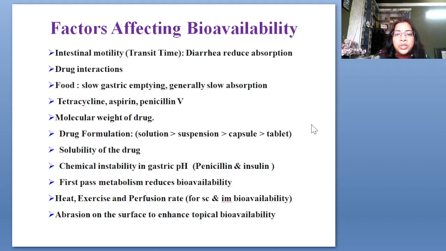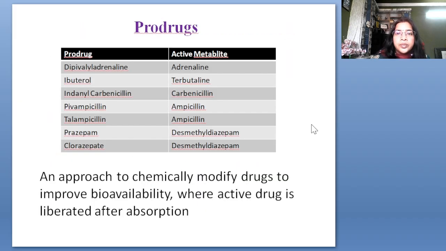Then solubility of the drug, and chemical instability of the drug in gastric pH. For example, penicillin and insulin are unstable in the gastric or acidic pH. Then first pass metabolism reduces bioavailability. Heat, exercise, and perfusion rate are important for subcutaneous and intramuscular bioavailability. Then abrasion on the surface enhances topical bioavailability.